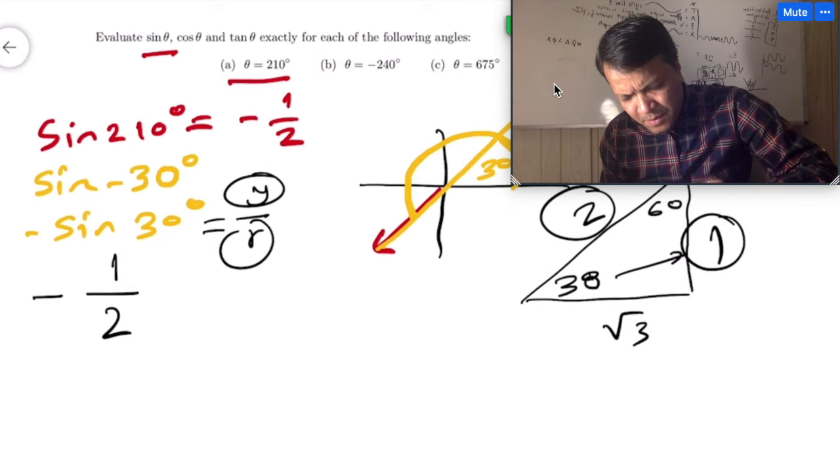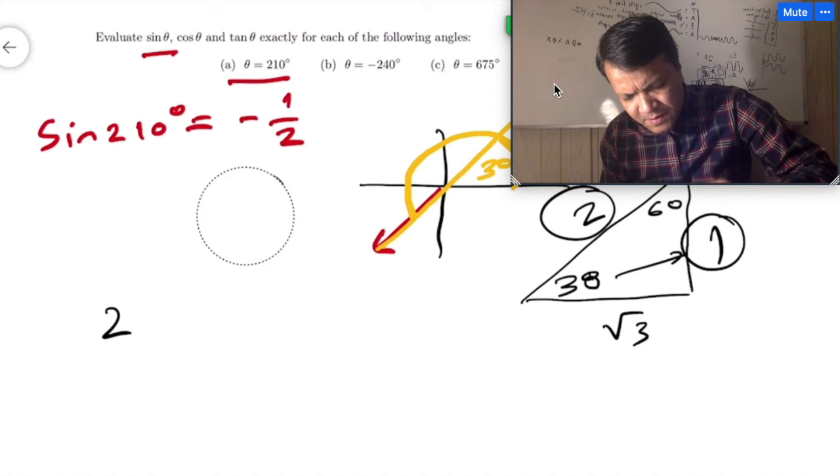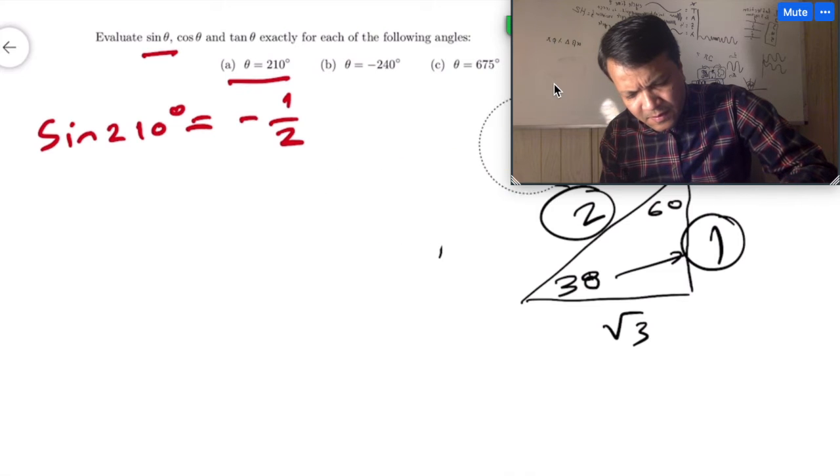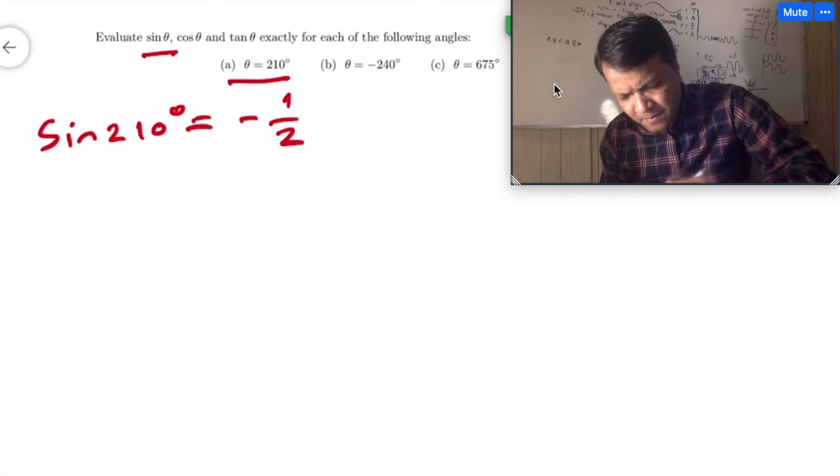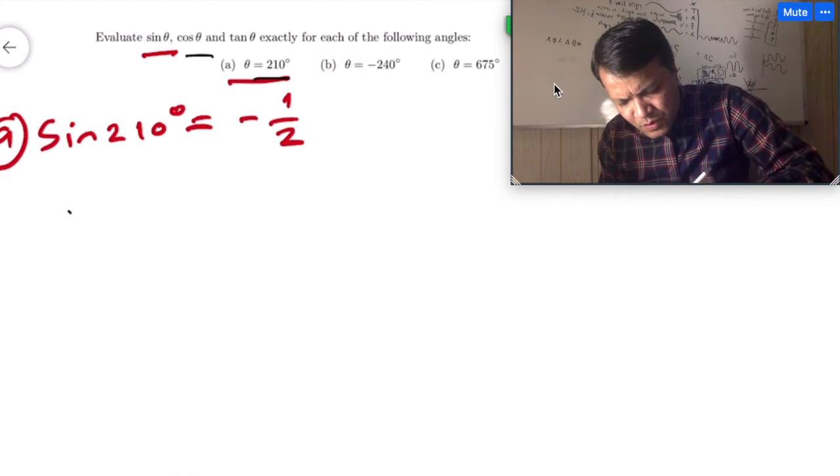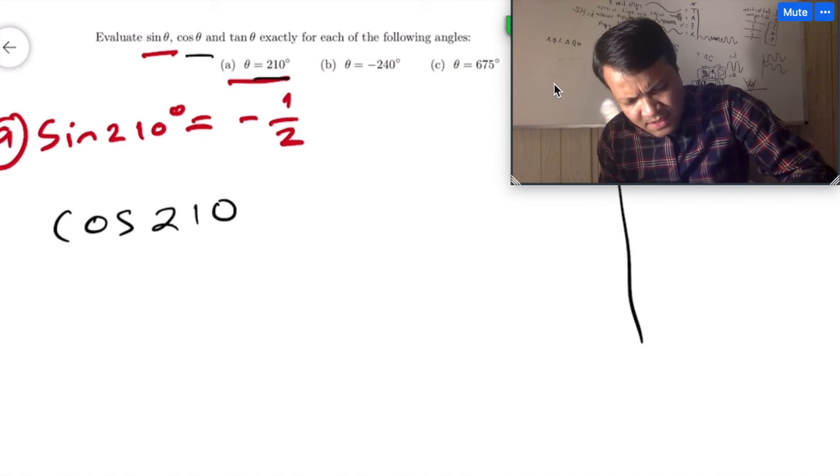So now we're going to do the next problem. This is A, now we're going to do B. B is cosine 210. Cosine 210 is also in the third quadrant.